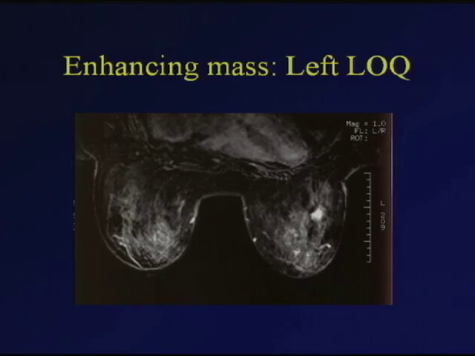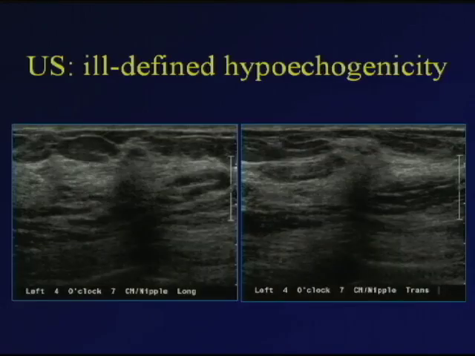Well, it turned out this patient could not undergo another MRI for reasons which I can't remember, but she could not go back and have an MRI-guided core biopsy. So we had to do our best and find this lesion on ultrasound.